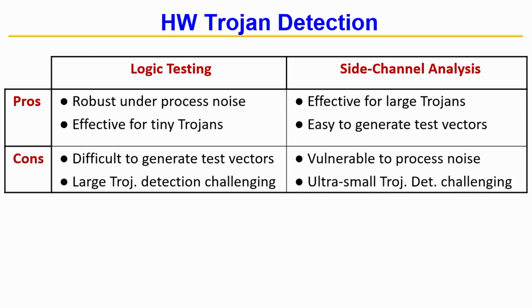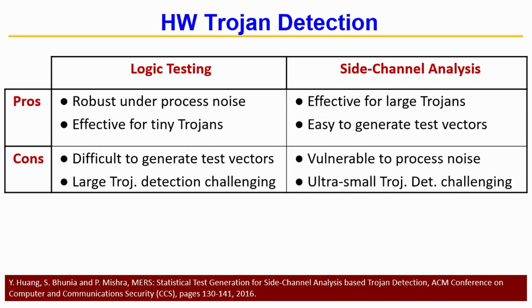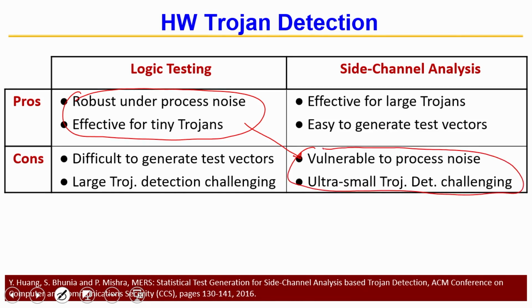If you look at them side by side from a Trojan perspective, the positive aspect or most of the aspects of simulation based security validation happen to be the negative aspects of side channel and vice versa.